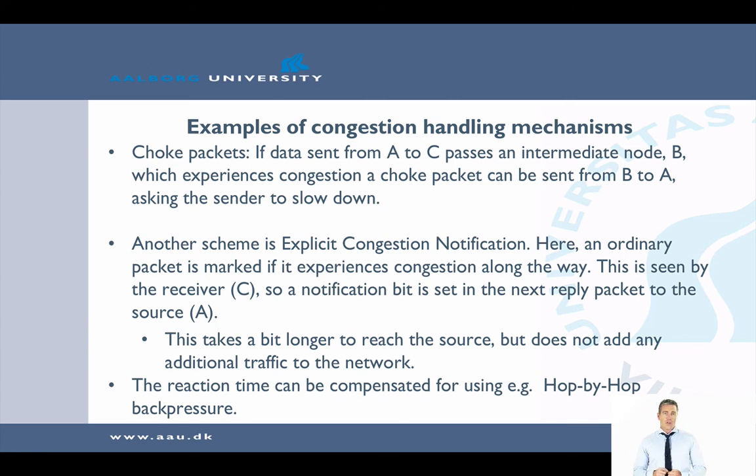And when it is received by the receiver, in this case C, the next time C is sending a packet to A, which could be a reply packet or an acknowledgement packet, we set this notification in this packet as well. So what it means is that eventually A will be notified that it should slow down.